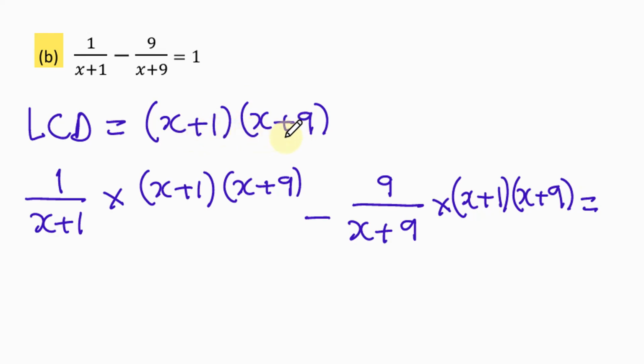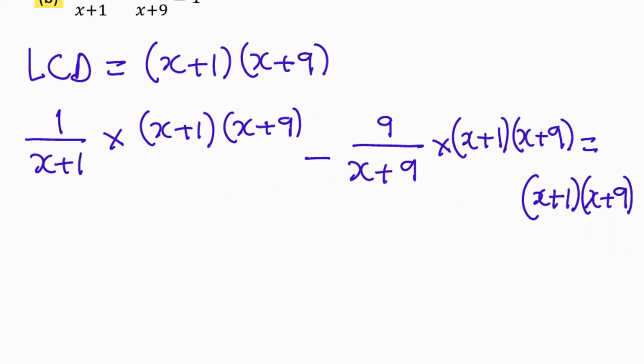So 1 times the LCD. I'm going to write it here. We can simplify. So x plus 1 here will cancel with this x plus 1. X plus 9 will cancel with this x plus 9. Let's see what we have left. So we have 1 times x plus 9, which is just x plus 9, minus 9 times x plus 1.